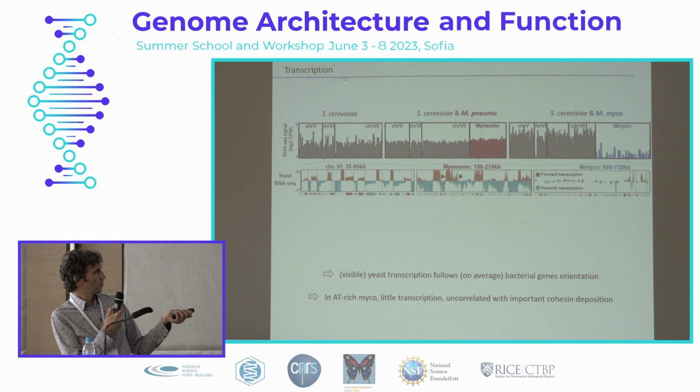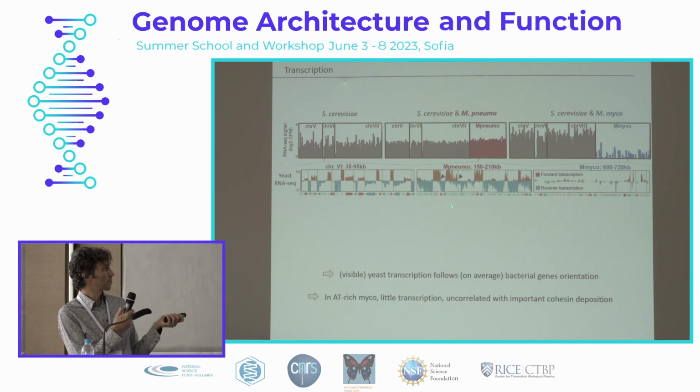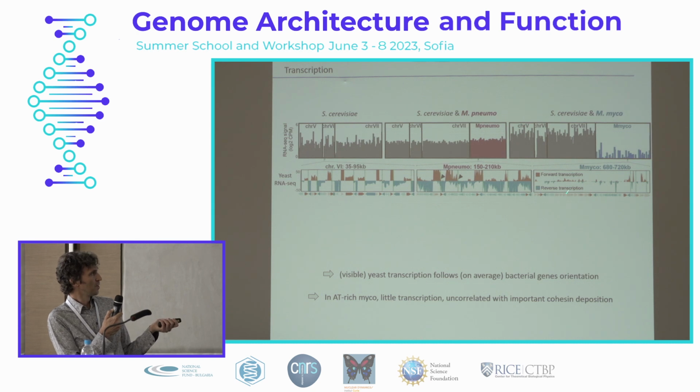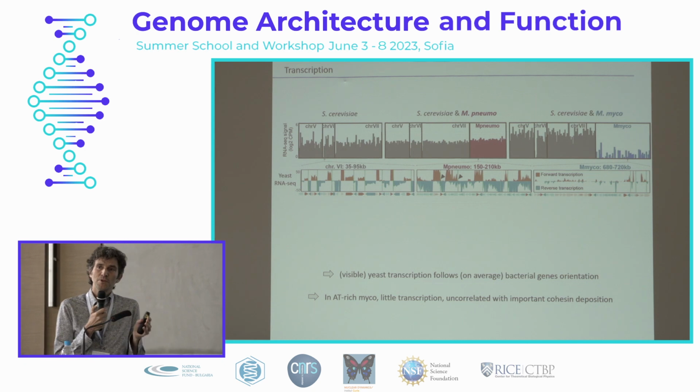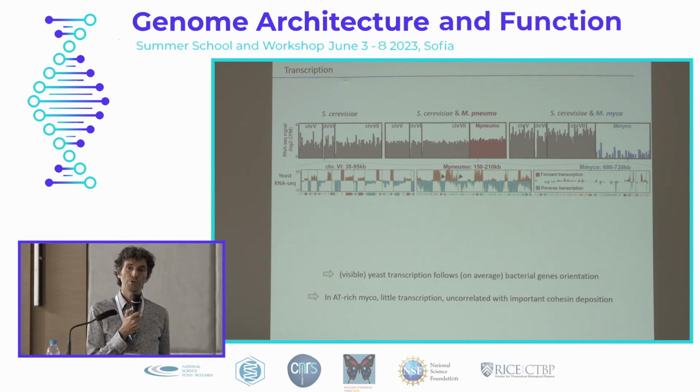On the M. pneumo genome, you can also see long tracks of transcription that somehow follow the orientation of the bacterial genes along the bacterial DNA, which was a bit surprising. On M. myco, you hardly see any transcription, but when there is transcription, the RNA reads tend to be on the same strand as the orientation of the bacterial genes.